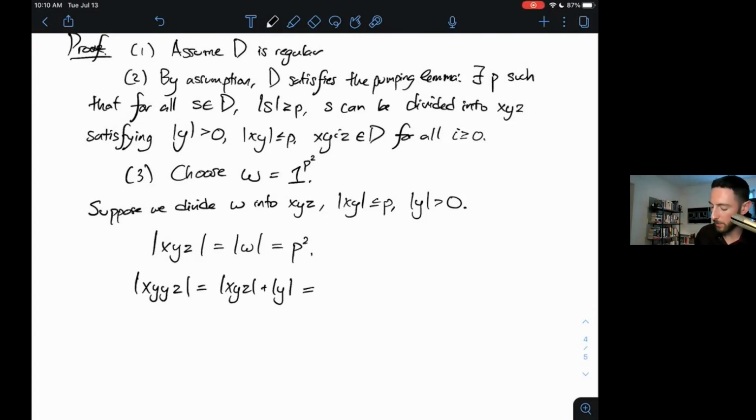The length of xyz we already know is p squared, plus the length of y is greater than p squared, as the length of y is greater than 0. So what we've shown in this line is we've essentially said, consider the string where we repeat the substring y twice. It's got to be longer than xyz because y is non-zero, which means it can't have length p squared. So that's a good start. We know it's longer than p squared. We want to make sure that its length is not some other squared number. And to do that, we can show it's less than p plus 1 squared.